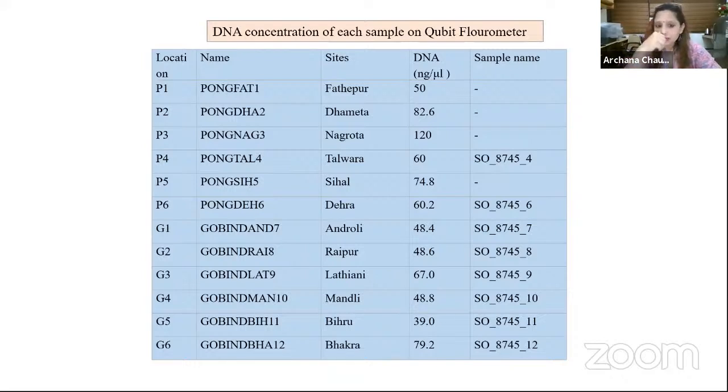Some of the fields have been left blank in the last column because they are still under process, whereas those with numbers have data in hand. I'll be showing you partial data today, and we are still in the process of deeply analyzing it.